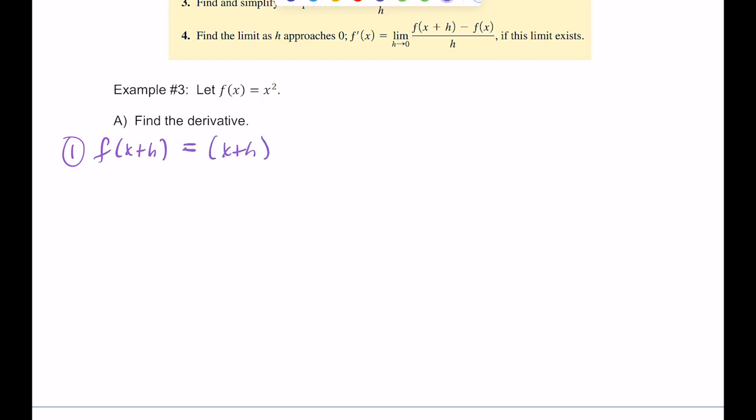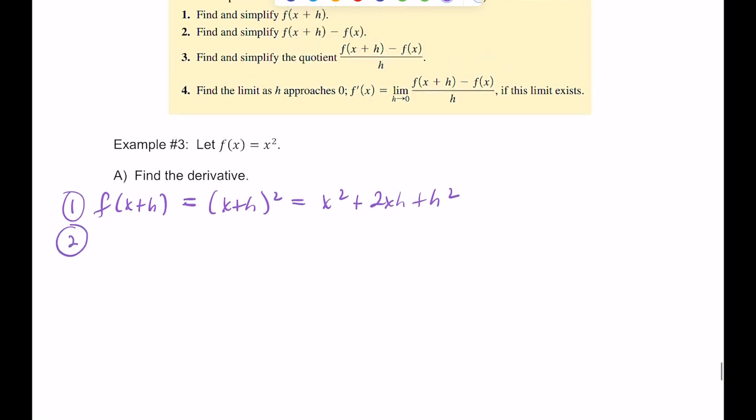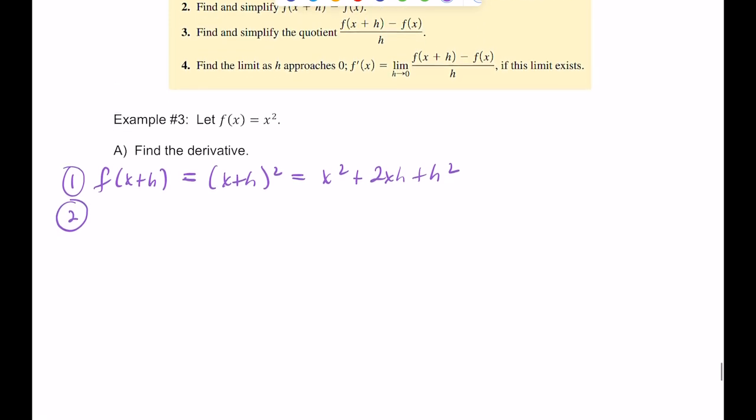So you would just end up with the quantity x plus h squared, right? And we know if we FOIL that out, you get x squared plus 2xh plus h squared.